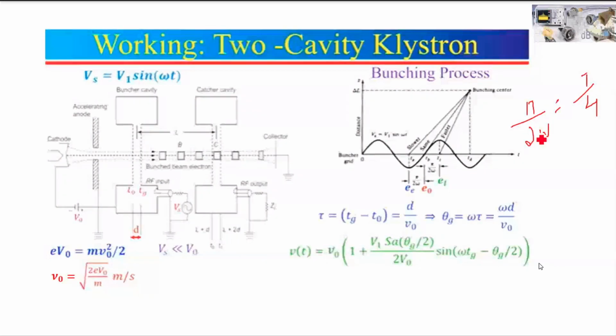So the time taken by the early electron to reach this point is the time taken by the reference electron plus 1/4 of the time period of the input RF signal.